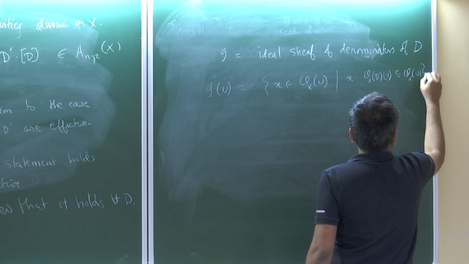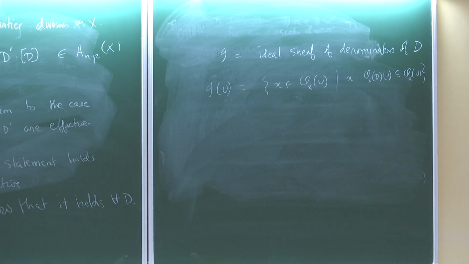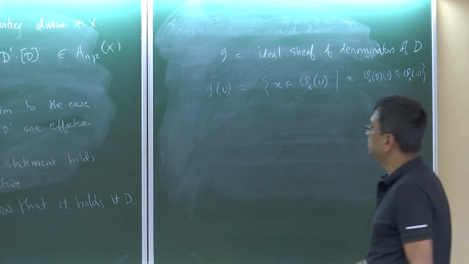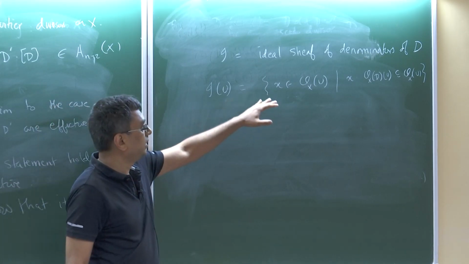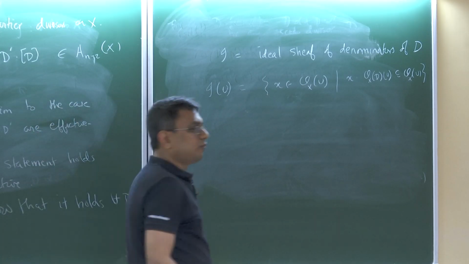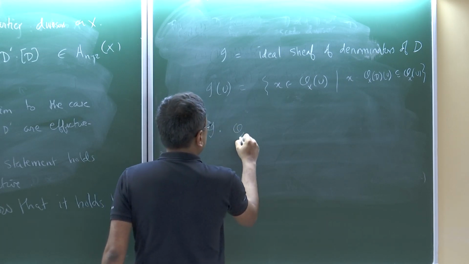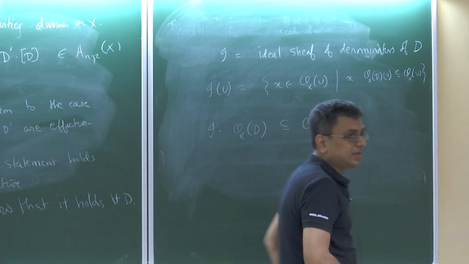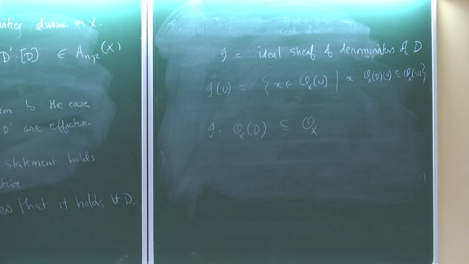Okay. So since we spent yesterday's tutorial on this, I am assuming that I need not spend more time on this. If this notation is confusing you, what I am doing is I have just cooked up an ideal sheaf such that I times O_X(D) is contained in O_X. Here O_X(D) I am implicitly assuming to be a subsheaf of the constant sheaf given by the function field.